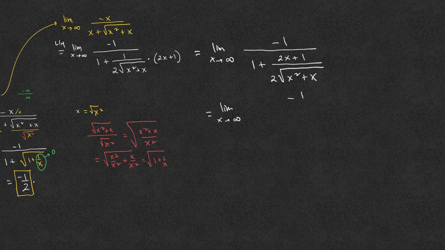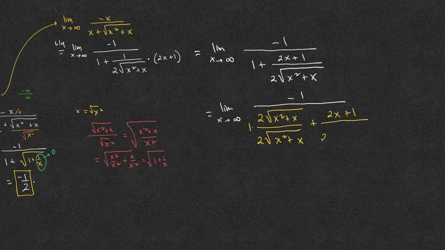The common denominator of the denominator is 2 the square root of x squared plus x, and so we would multiply 1 by 2 the square root of x squared plus x over 2 the square root of x squared plus x. And the second term we keep, which is 2x plus 1 over 2 the square root of x squared plus x. We can now combine the two rational expressions in the denominator.